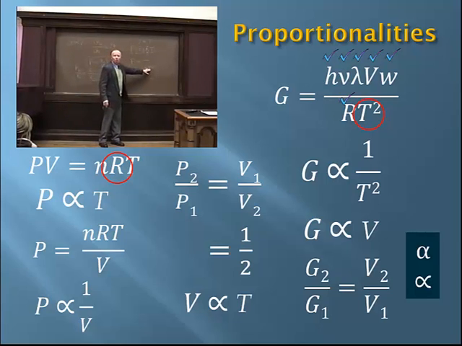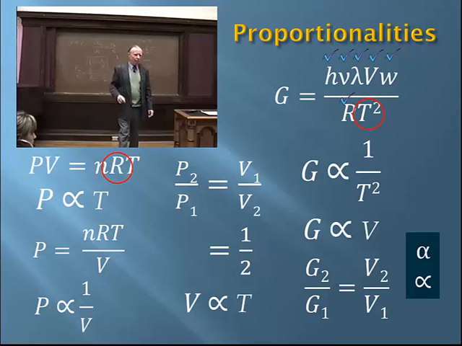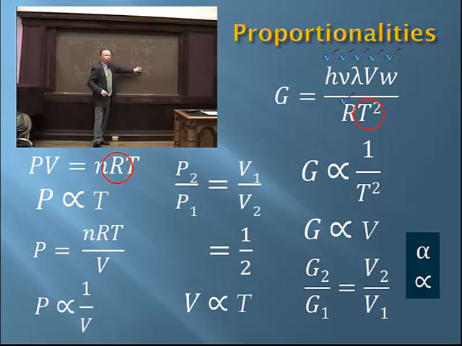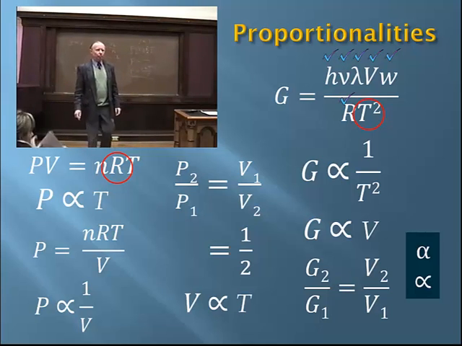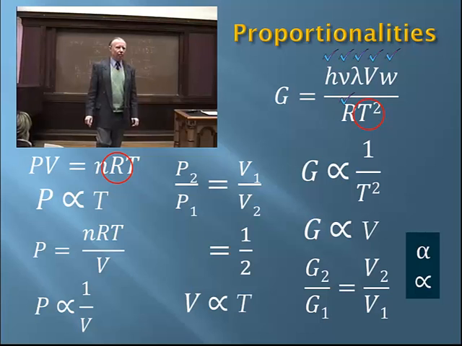But we could hold these other variables constant temporarily for the purposes of looking at what this relationship is. You have to keep everything else constant to look at just one of these relationships. Yes. Can you say PV is directly proportional to T if R stays constant? Yes, that's correct. Yes, sir.